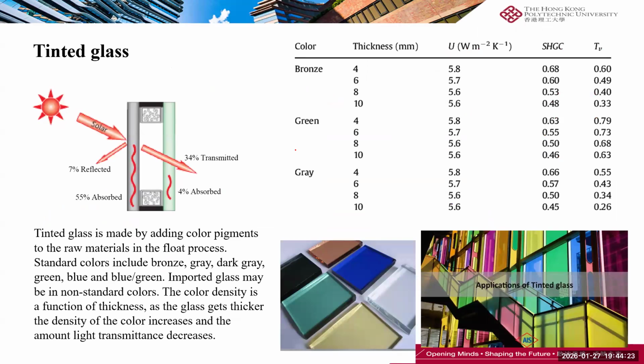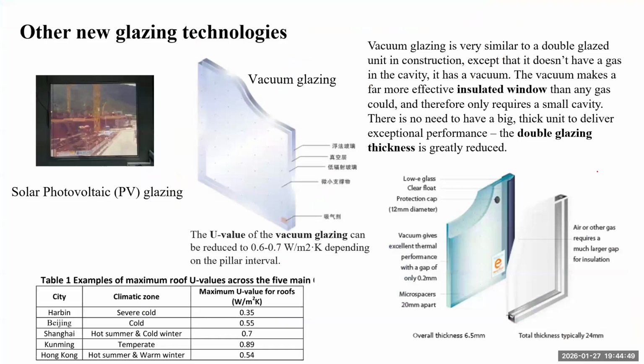Tinted glass is made by adding color pigments to absorb some range of solar radiation to reduce the solar heat gain, and it can come in colors. So we can see the U value and solar heat gain coefficient for different colors.